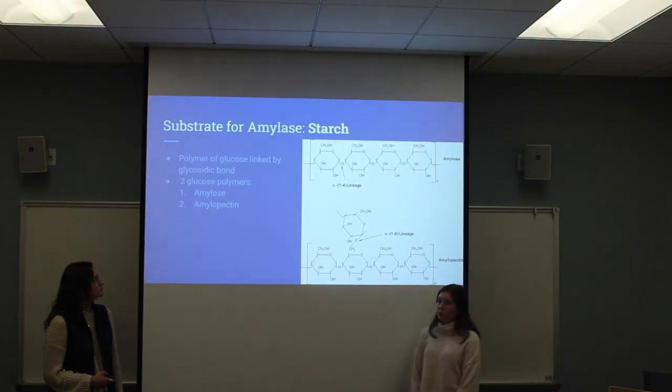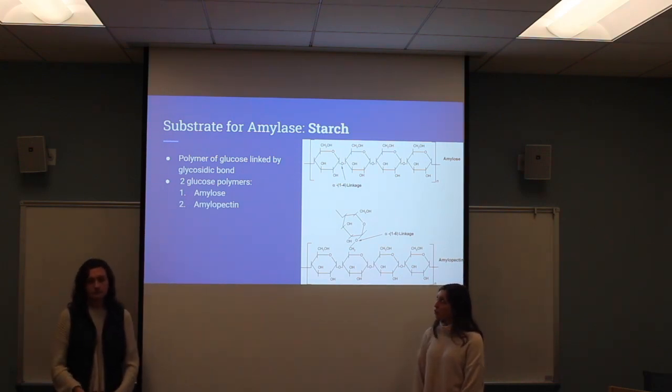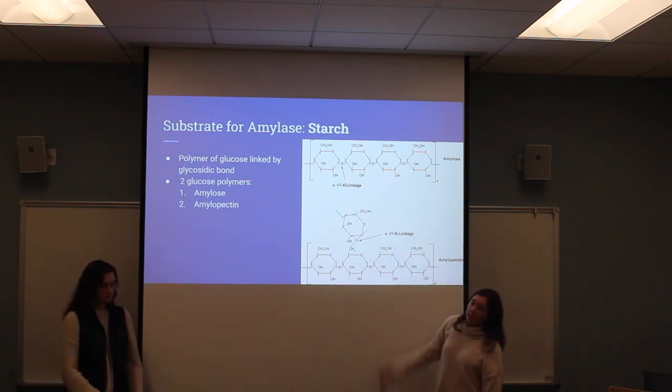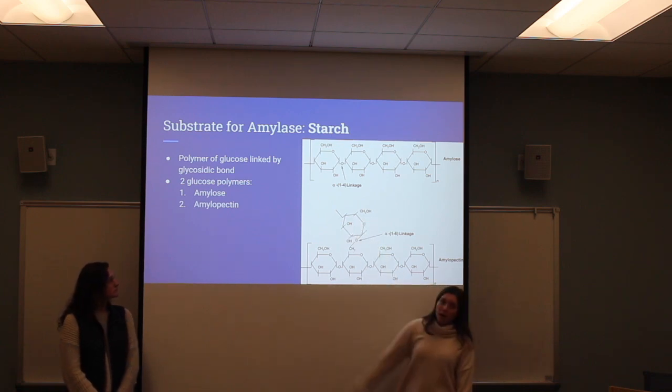The substrate for amylase is starch, and starch is a polymer of glucose that is linked by glycosidic bonds. There are 2 polymers, amylose and amylopectin. Amylose at the top is a linear polymer with up to 6,000 glucose units with an alpha 1-4 glycosidic bond.